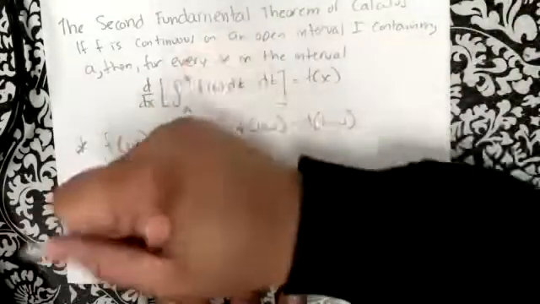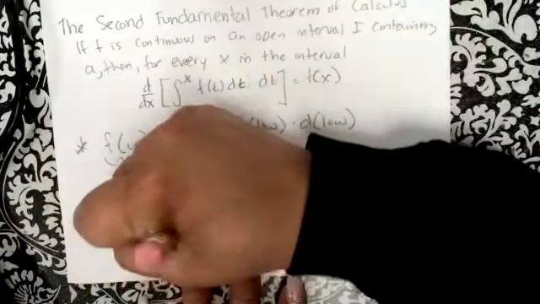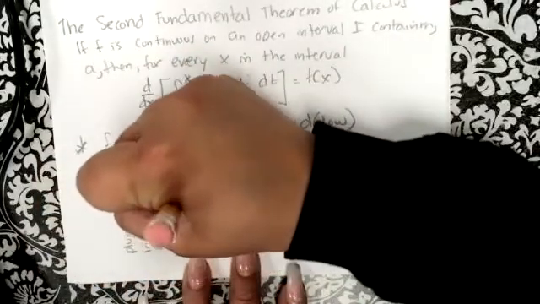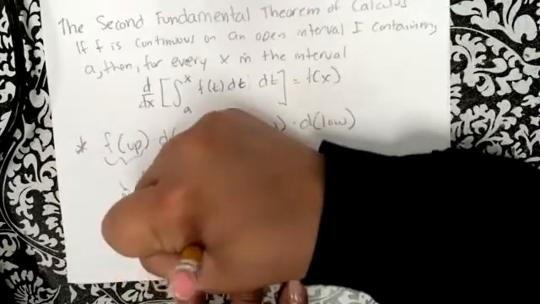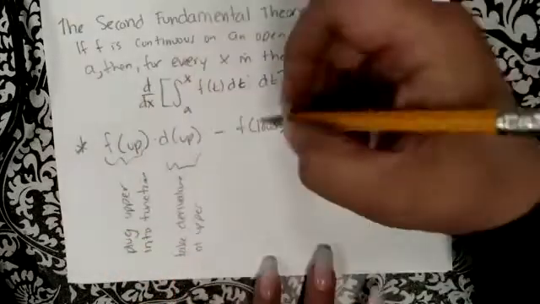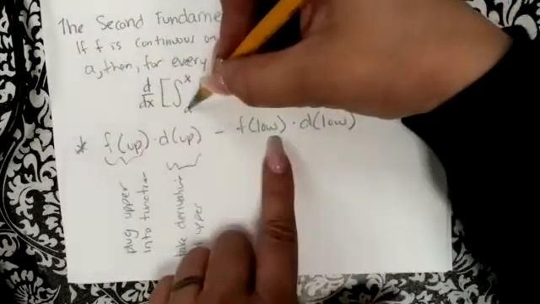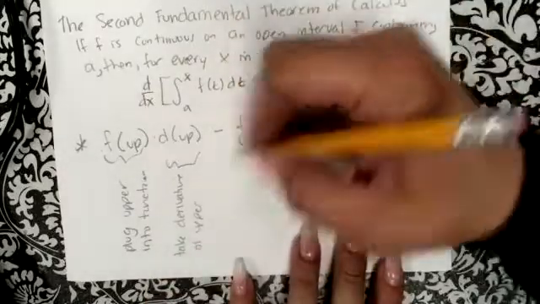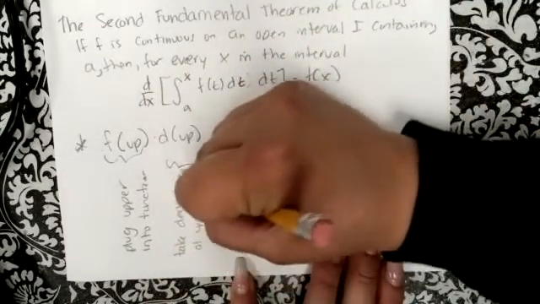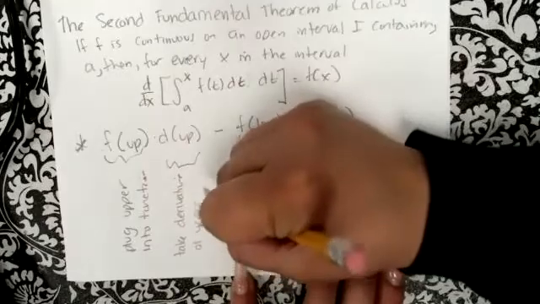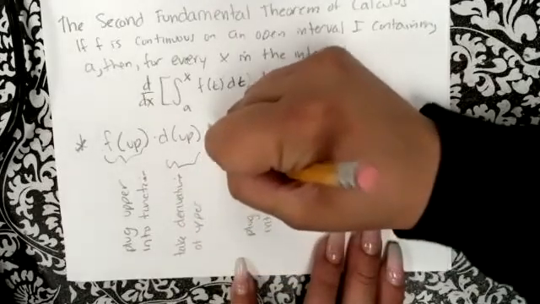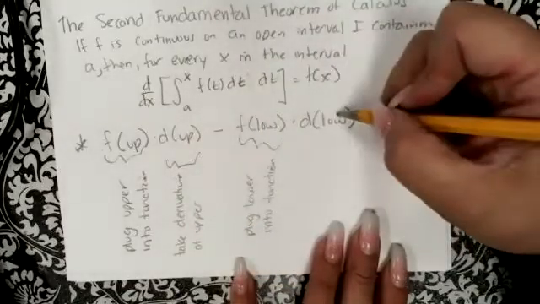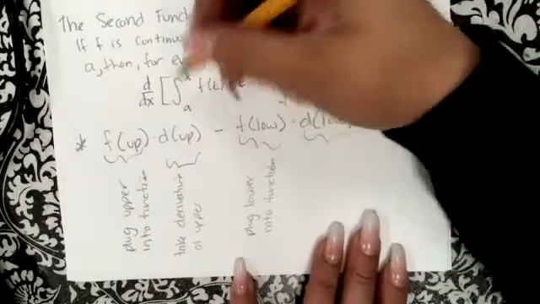Now, flow means you plug the lower bound into the function. So plug lower into the function. And then dlow means you take the derivative of the lower bound.